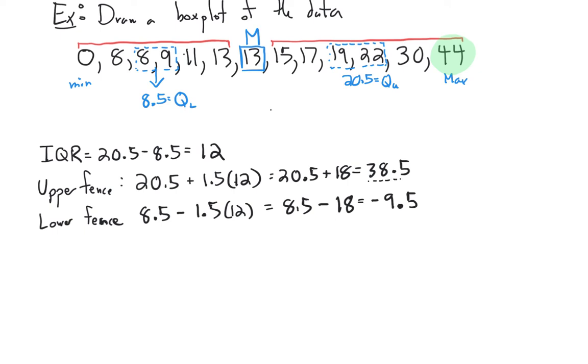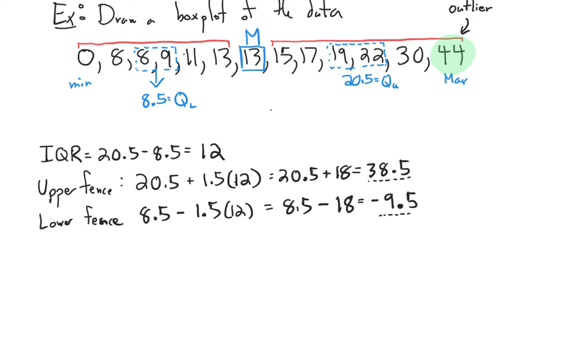So here's one outlier. It's too big. And below, do we have any data points that are below negative 9.5? We do not. Our minimum data point is 0, so we don't have any lower outliers. We only have the one upper outlier. Okay, so we're good to go.